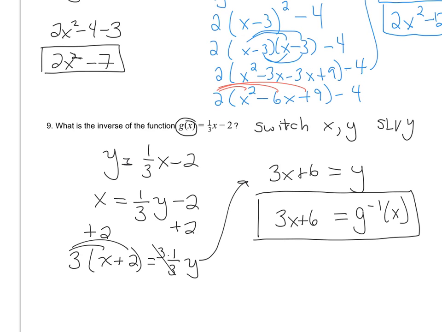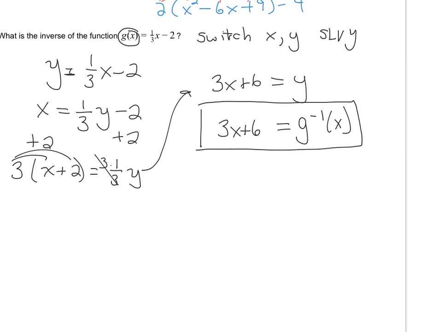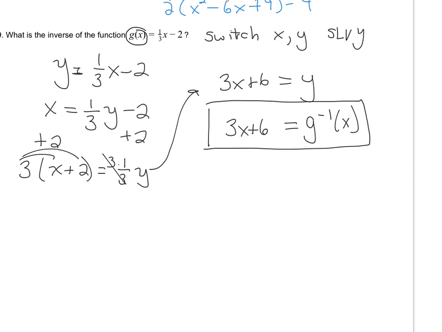Now if we wanted to check if that works, give me any point. Let's say I take 3. So I'm going to start with an x of 3. If I find g of 3, plugging 3 into my original, I get 1/3 times 3, which is 1, minus 2, which is negative 1.